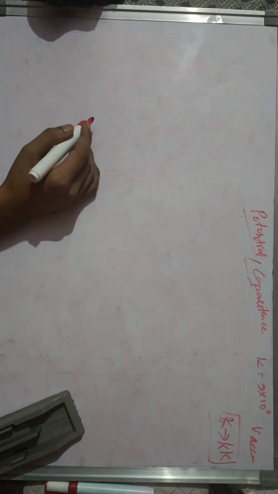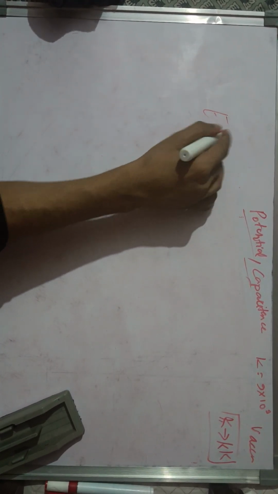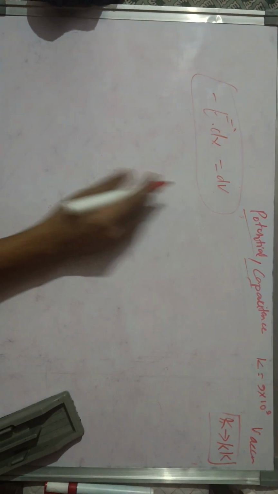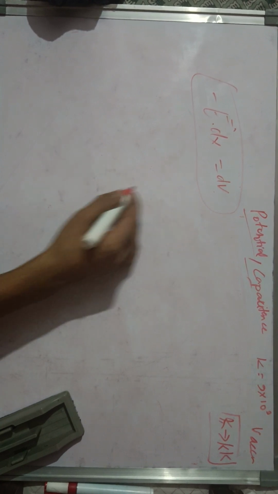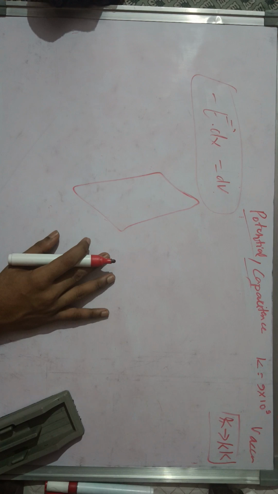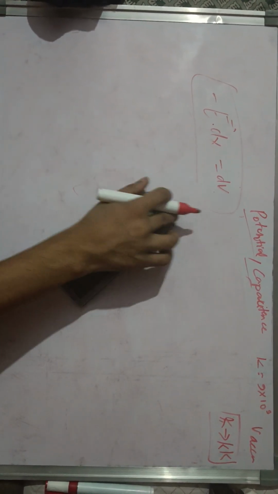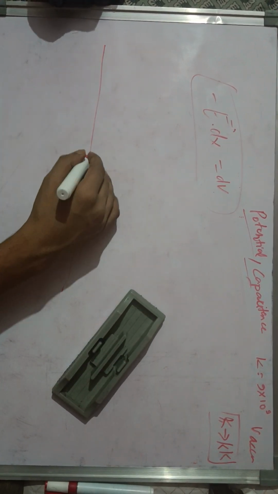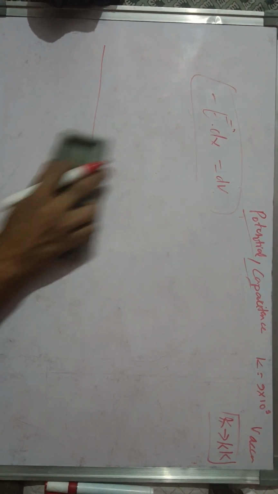We can simply use this E·dx formula for calculating dV, the potential at any location. Let's say there is a large infinite plane, it can be anything. We can calculate the potential for any case. For example, if there is a line of lambda charge density, we can find the potential at any point. That's simple, easy.